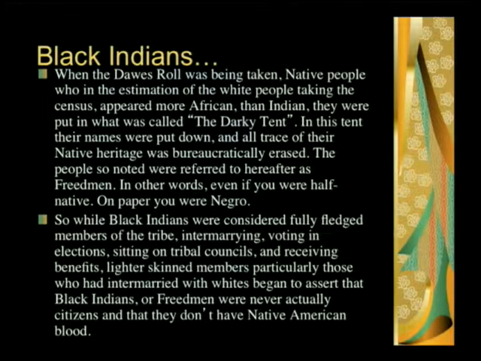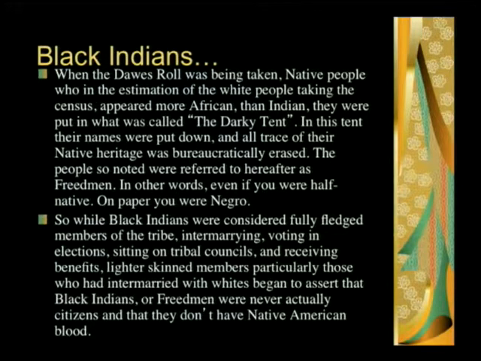Okay, so black Indians were considered fully fledged members of their tribe, intermarrying, voting in elections, sitting on tribal councils, and receiving benefits. Lighter skinned members, particularly those who had intermarried with whites, began to assert that black Indians or freedmen were never actually citizens and that they don't have Native American blood, despite evidence to the contrary, including the historical evidence.